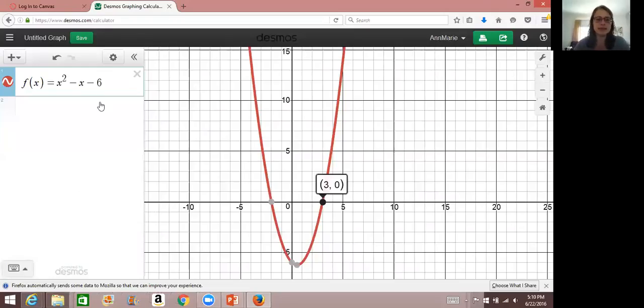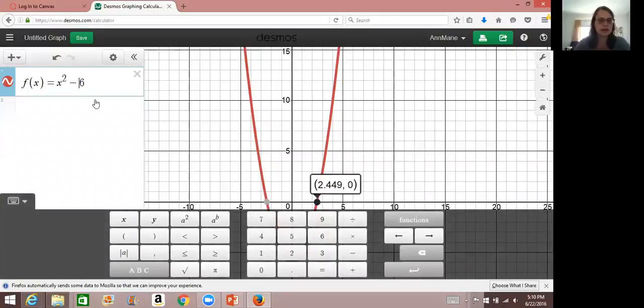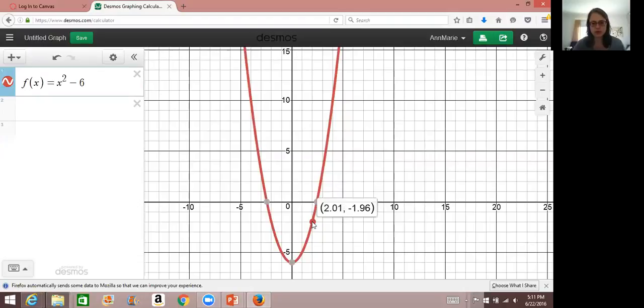Let's look at an example here. Okay, the function y equals x squared minus 6. If x is 2, y is negative 2. If x is negative 2, y is negative 2.